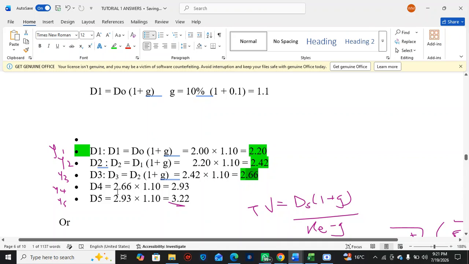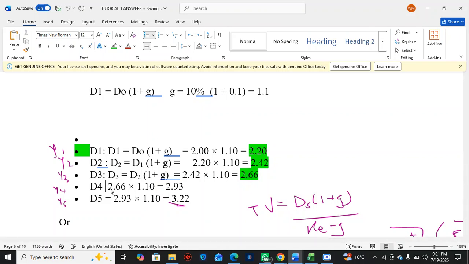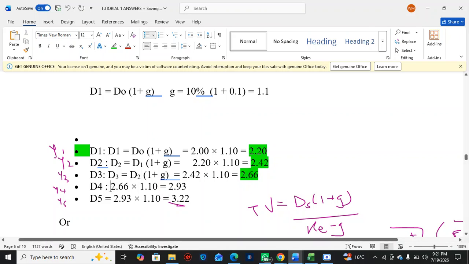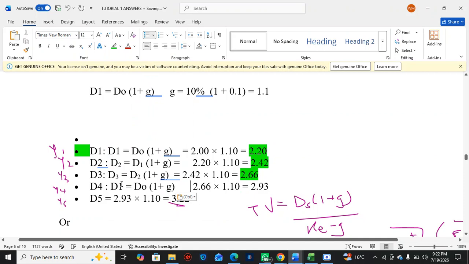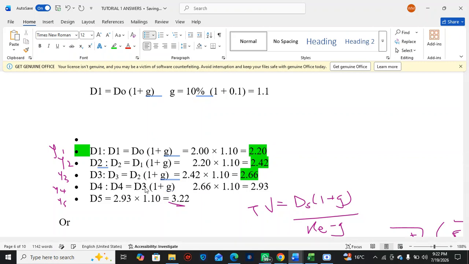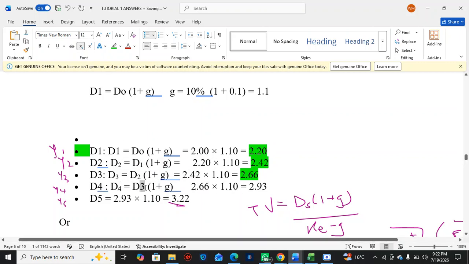So in year four, the dividend for year three is growing by 10%. So you say D4 equals D3, the dividend for year three, multiplied by the growth factor.